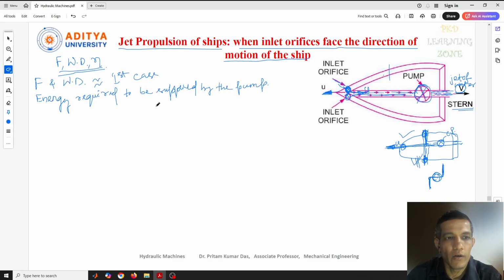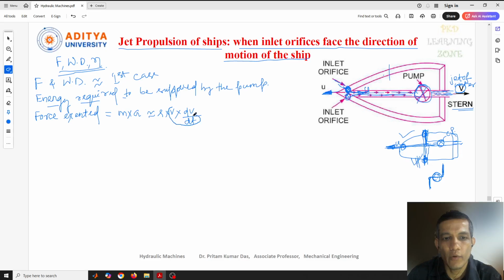Before going to find this, I'll just recall the force exerted that we identified in our last lecture. Let me write the force exerted, or the net force exerted by the jet. We know that F equals m into a, and in place of m I can write rho into V, density into volume, into acceleration, which is change in velocity with respect to change in time.